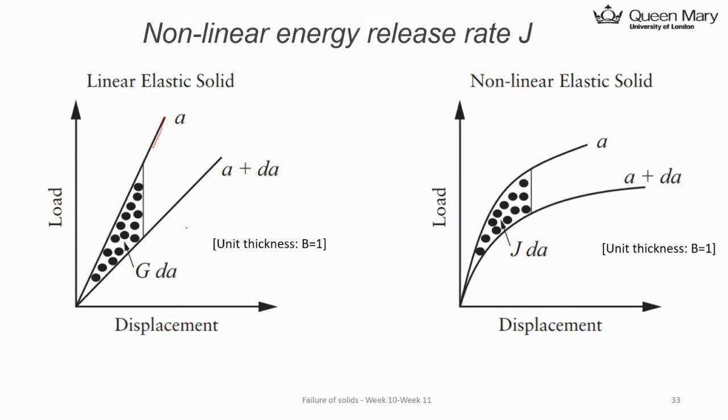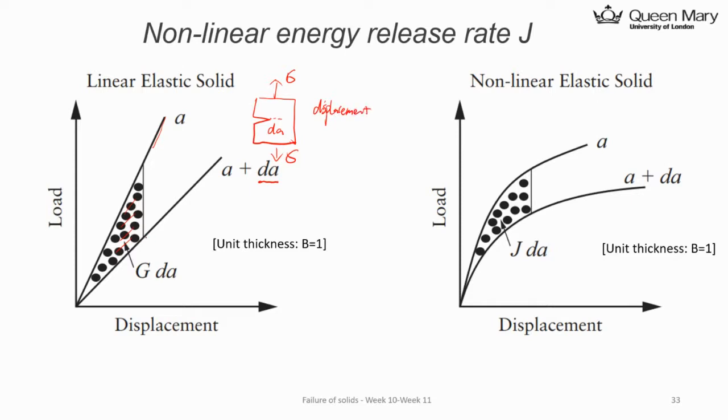After a crack extension of dA, the crack moves to somewhere here, and an amount of energy is released, because you apply a load and this load will reduce under displacement control.